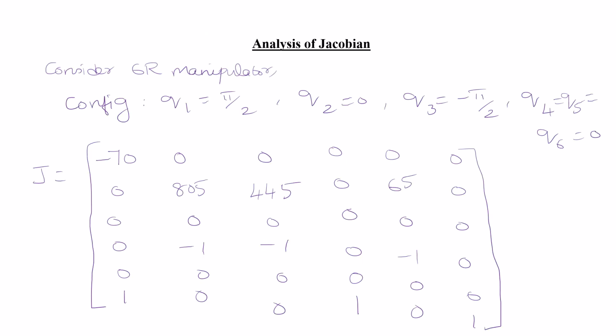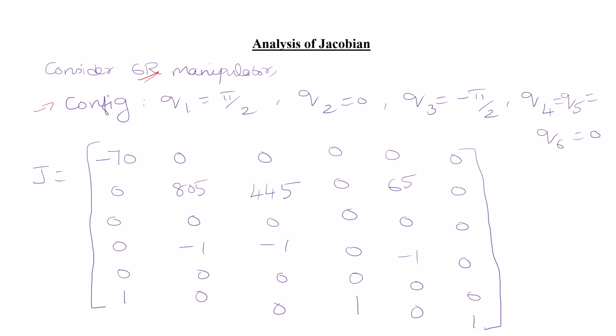Having learned what a Jacobian is, we should also know how to analyze a Jacobian matrix. With an example, we will learn how to analyze it. Now consider a 6R manipulator. It has 6 joints and all are revolute joints. In a particular configuration of the manipulator, we are going to analyze the Jacobian.